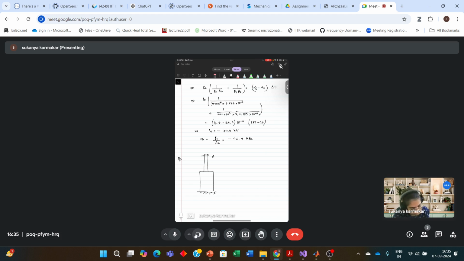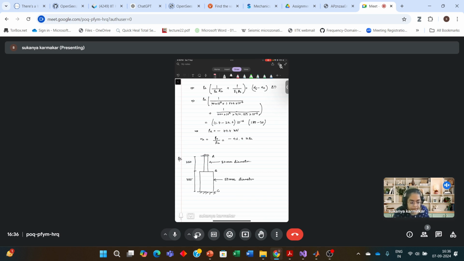This is A, B, and C. Diameter of the cylinder is 30 mm, and this is 50 mm diameter. This length is 250. This length is 300.